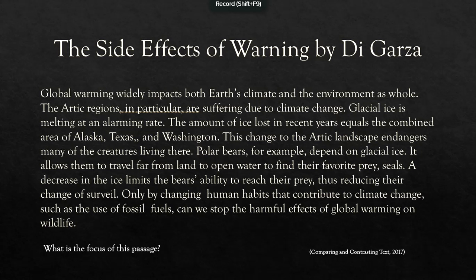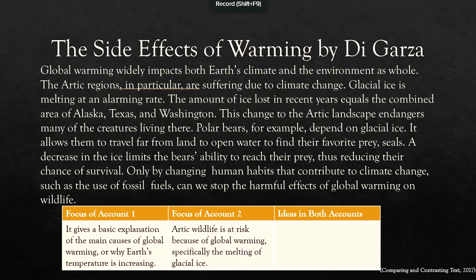What is the focus of this passage? Let's take a moment to go back over it and review the text. Our second text focuses on Arctic wildlife. Is it at risk because of global warming? Specifically, let's look at the melting of the glacier ice.